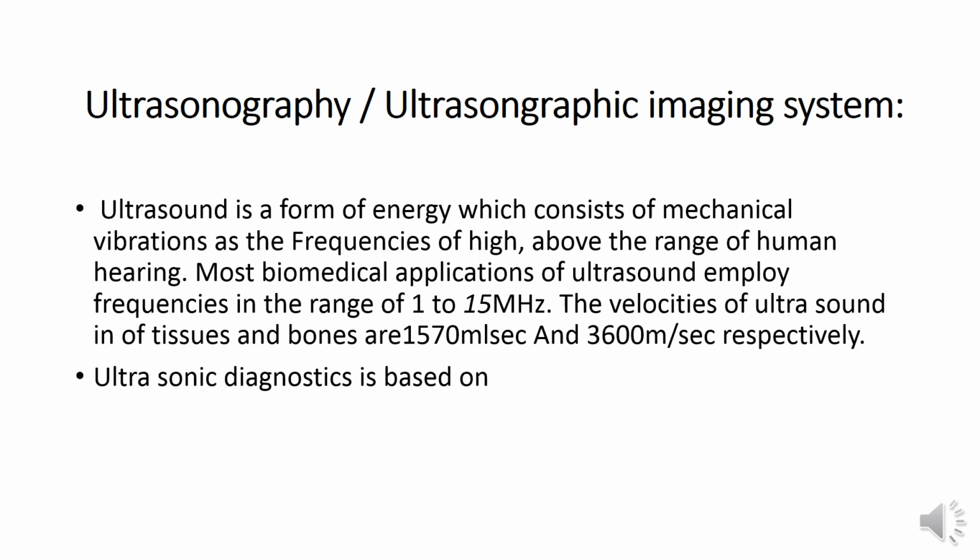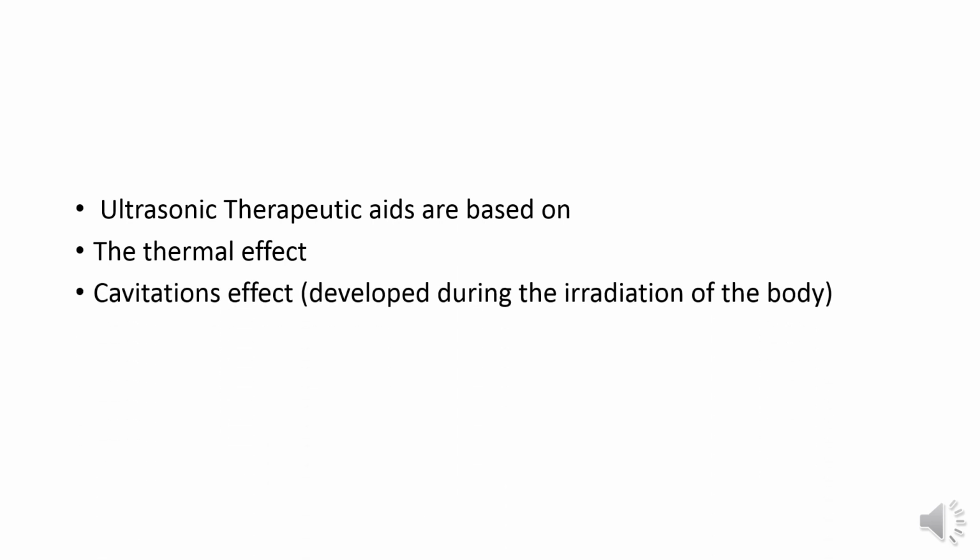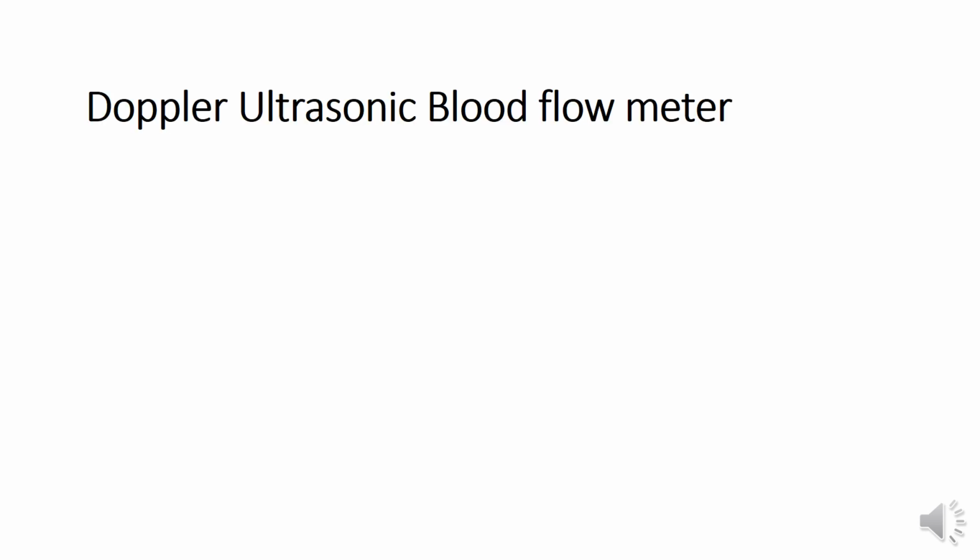Ultrasonic diagnostics are mainly based on the echo aspect and the Doppler shift aspect. The ultrasonic therapeutic aids are based on the thermal effect and the cavitation effect, which develops during irradiation of the body.